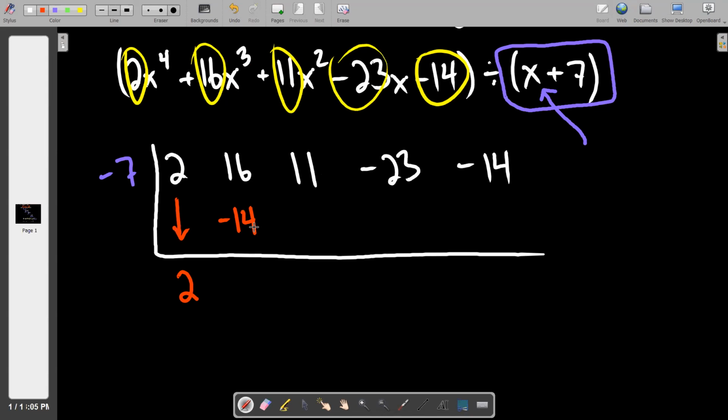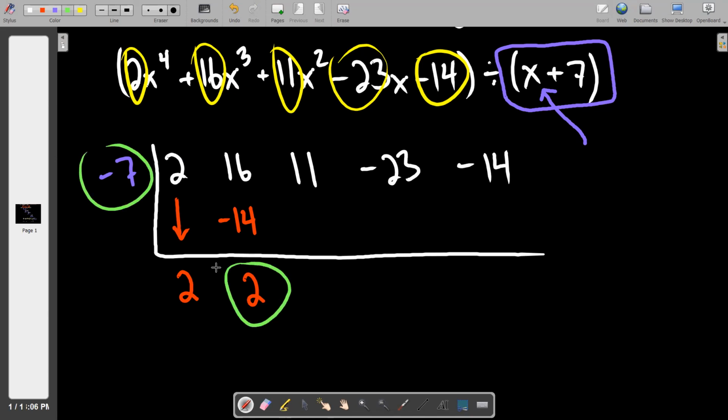Now I'm going to add the column of numbers that you see, the white and the red numbers. This is where things can get a little hairy if your basic skills are weak. So what is 16 plus negative 14? It is positive 2. So I'm going to write positive 2 right here, and we're going to start over again. You remember the purple number out front? Follow the green circles. Take this times this.